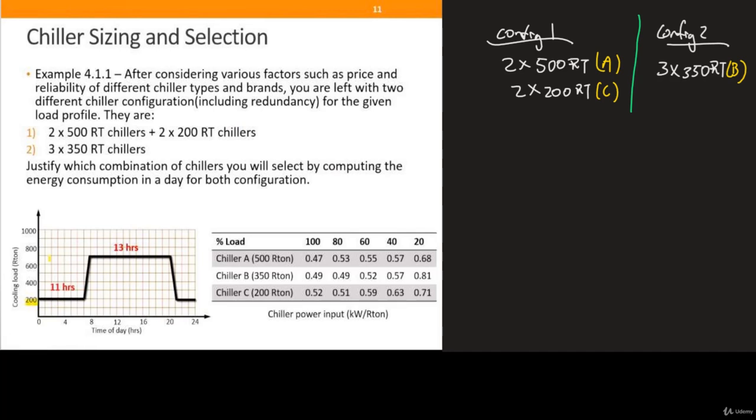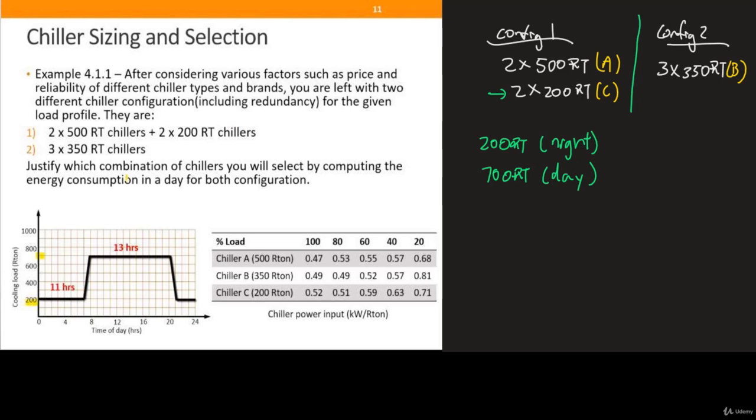During the peak period, it is 700 tons. So the two key tonnages are 200 tons at night and 700 tons in the day. During the night time, obviously you will choose 1 chiller C to be in operation, that means 1 times 200 ton chiller running at 100%.